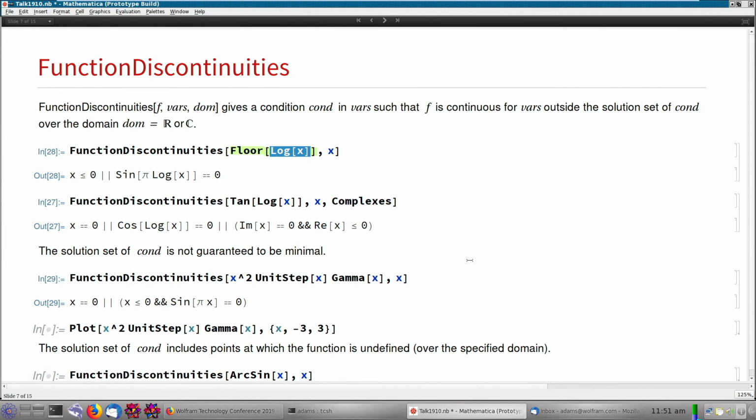Yes, here. It should be floor x and you solve. You produce output in the form of sine. I think it's wrong. It should be solved.